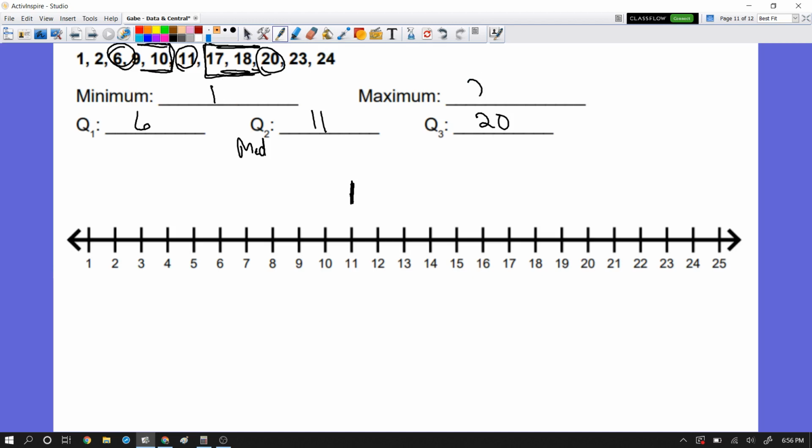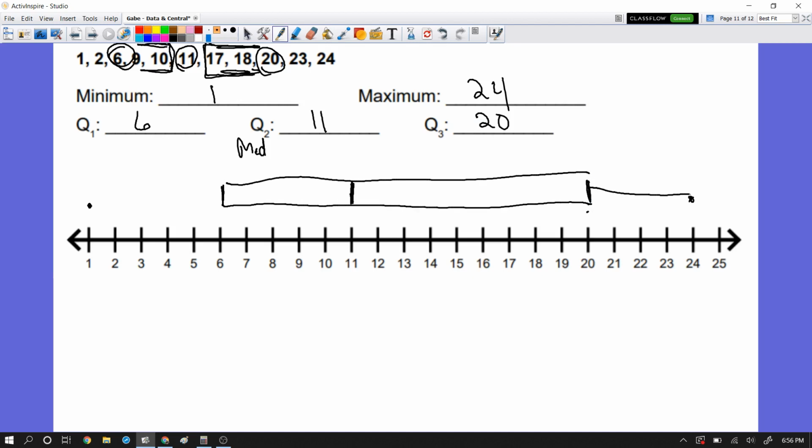And then maximum 24. Then all you need to do is plot your points. Minimum 1, maximum 24. Quartile 1 is 6. Quartile 3 is 20. And this gives a pretty good representation of the lay of the data.